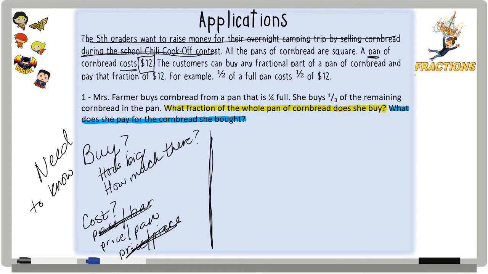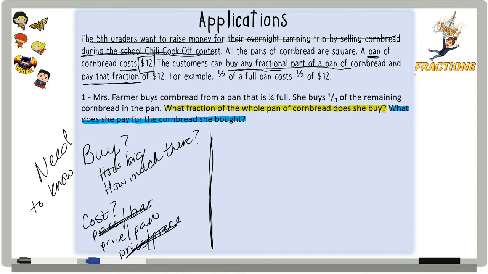That's important to note. The customers can buy any fractional part of a pan of cornbread and pay that fraction of $12. So for example, they can buy half of a full pan and it costs half of $12. It is important to note that they can buy any fractional part of the pan, and then they pay that fraction.